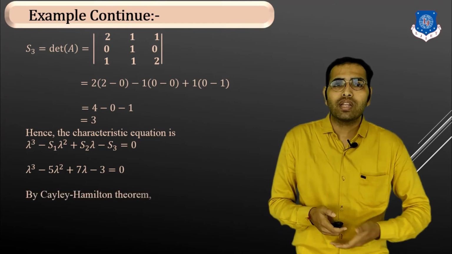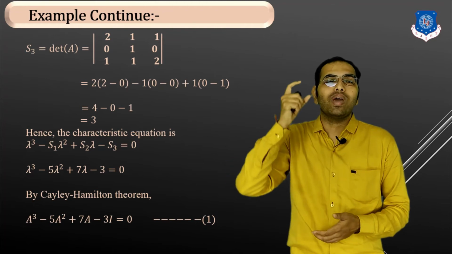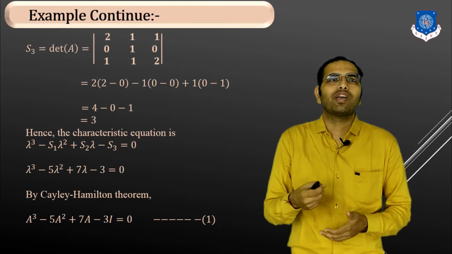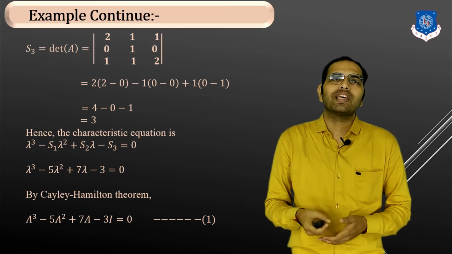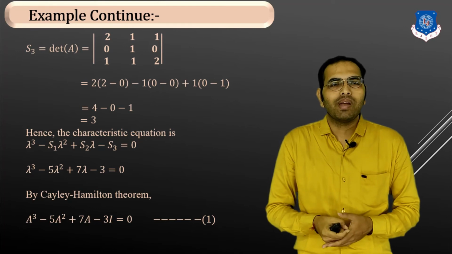With the help of the Cayley-Hamilton theorem, replace lambda by capital A, where A is our given matrix, and our equation becomes A cube minus 5A square plus 7A minus 3 into I, where I indicates the identity matrix, equal to 0.